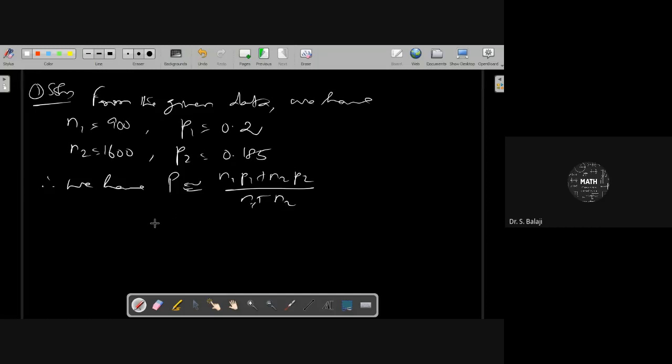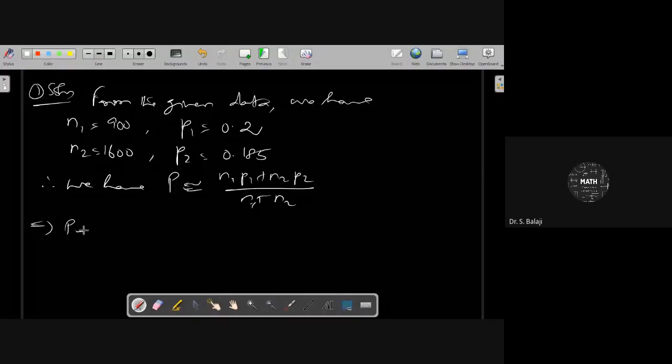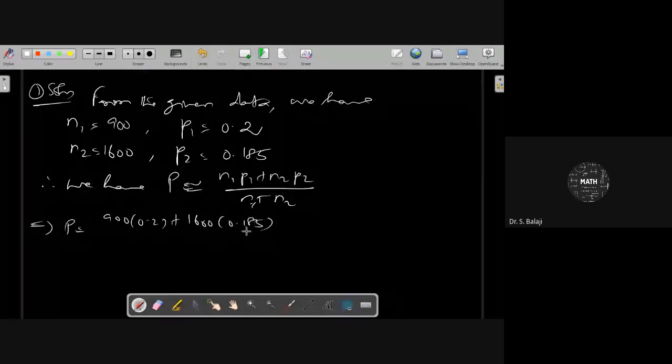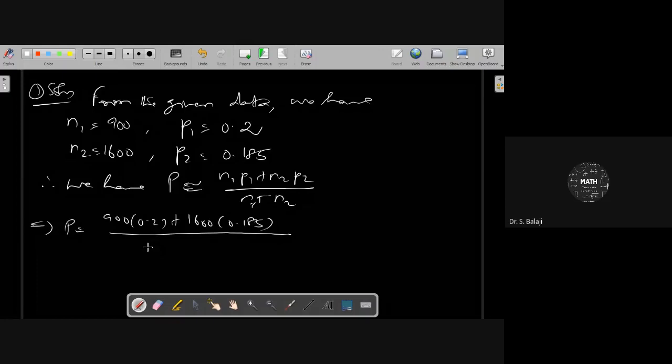That is 900 into 0.2 plus 1,600 into 0.185, the whole divided by 900 plus 1,600, which is 2,500.